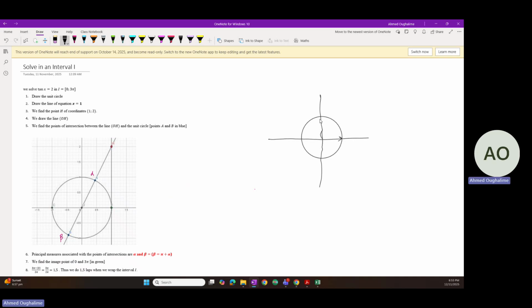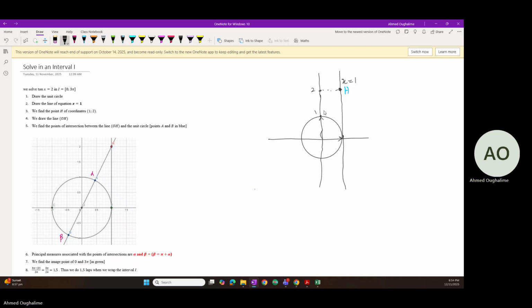This looks better. Okay. So once we do that, we draw the line of equation x equal to 1. This is the first thing we do. Then we go on this line here and try to find the point that belongs to this line, call it the point H, for height.